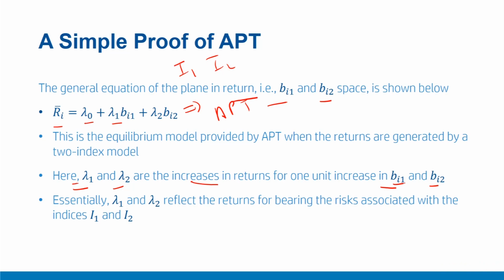So these are the risk premia associated with indices I1 and I2, where the sensitivities with respect to these indices for a given security i are BI1 and BI2. To summarize, lambda 1 and lambda 2 essentially reflect the extra returns for bearing the risk associated with indices I1 and I2.